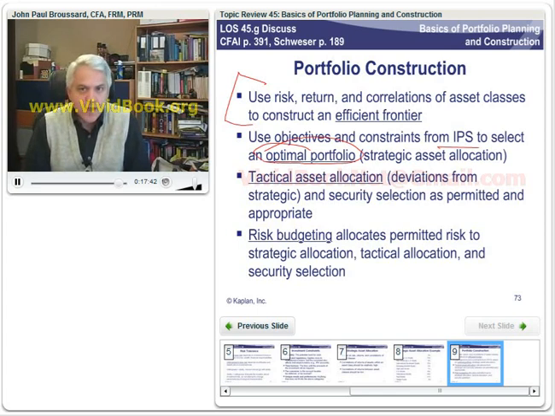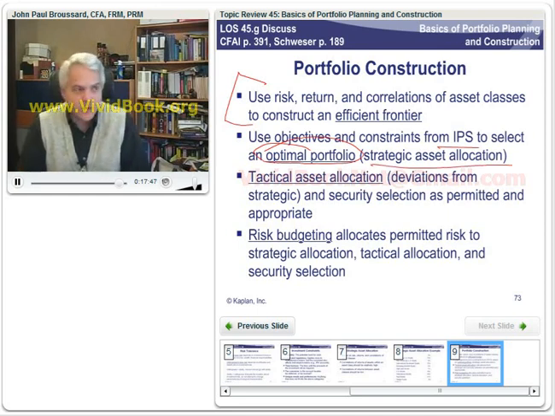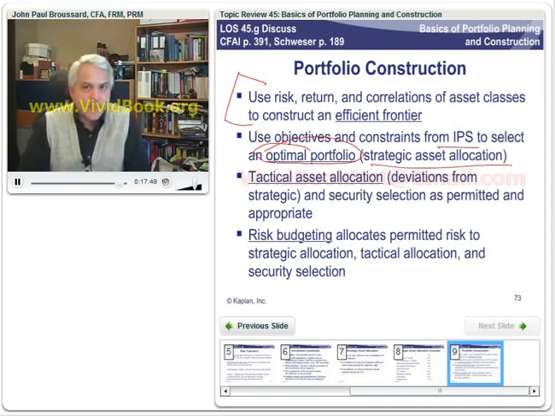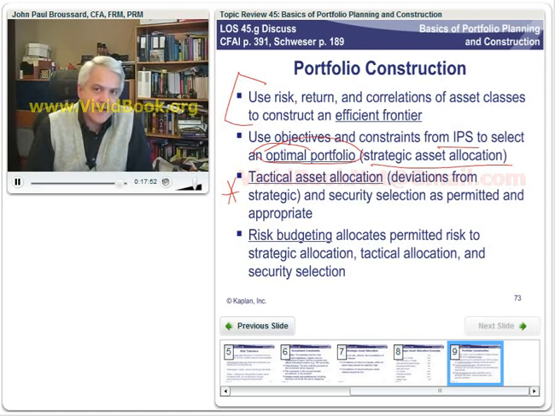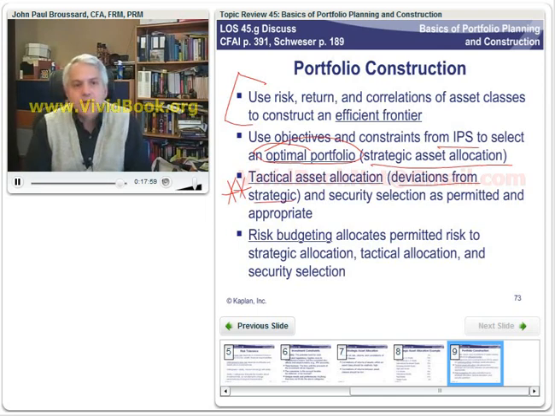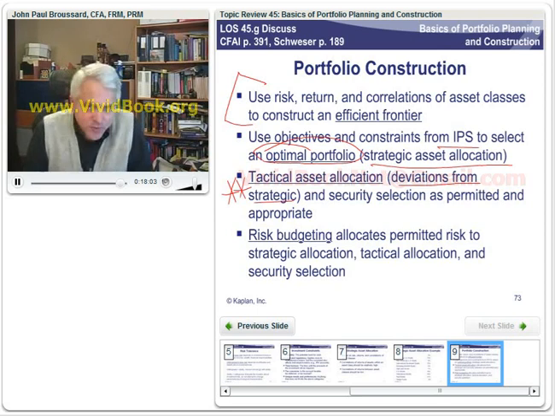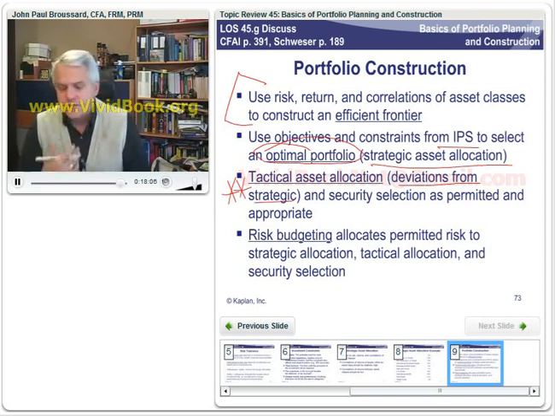And those objectives and constraints can help us formulate a strategic asset allocation so that we can choose that optimal portfolio. But yet, we should realize that tactically, we should allow deviations from that strategic asset allocation from time to time, to take advantage of possible mispricing, and different factors in the marketplace, changing economic conditions, etc. So that tactical asset allocation allows for flexibility.